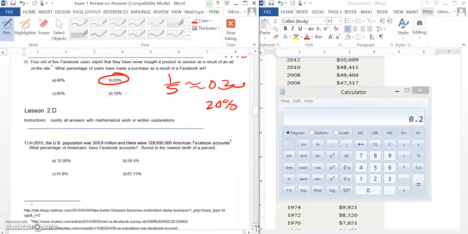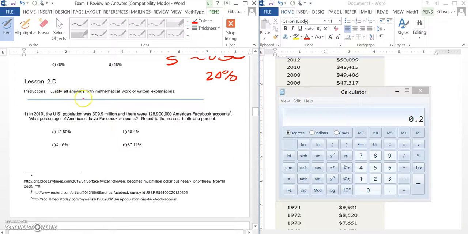Now we come here to 2D. The instructions: justify all answers with mathematical work or written explanations. In 2010, the U.S. population was 309.9 million, and there were 128,900,000 American Facebook accounts. What percentage of Americans have Facebook accounts? Round to the nearest tenth of a percent.